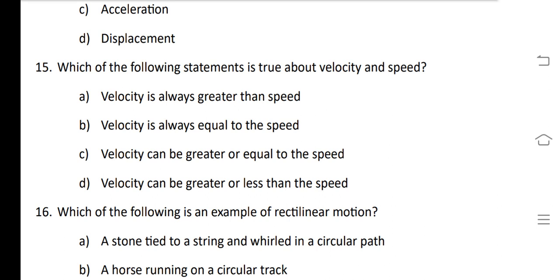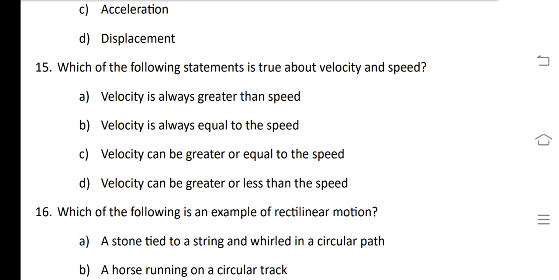So we have to check all the four options. In option number D, it is said that velocity can be greater or less than speed. No, it is not correct. Velocity can be less than the speed but never be greater than the speed. In option number C, it is said velocity can be greater or equal to speed.